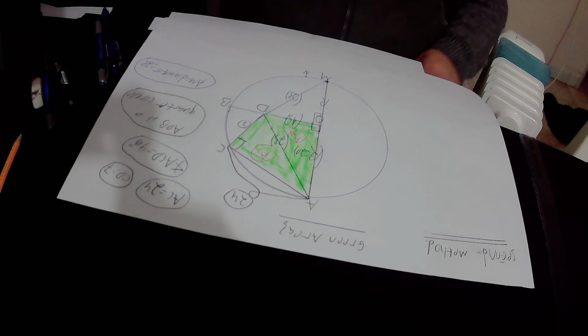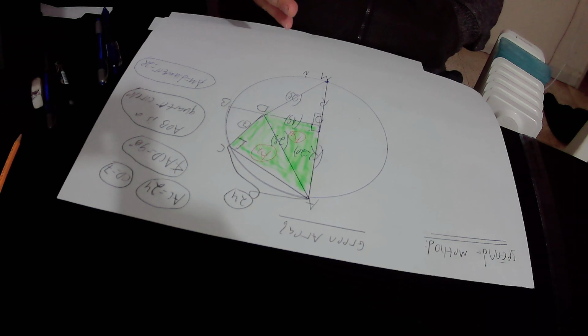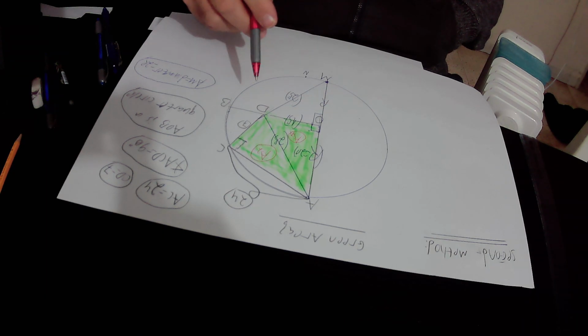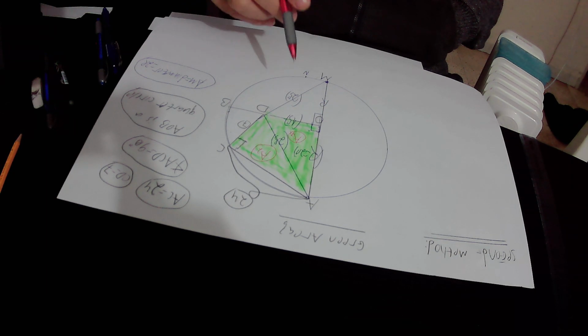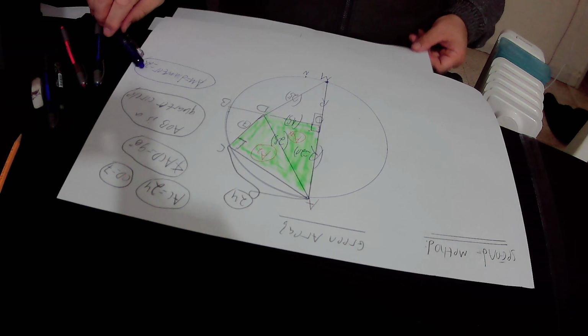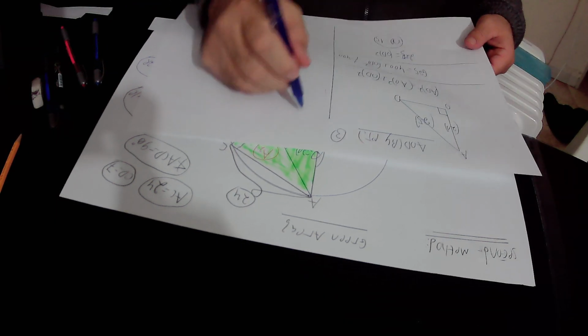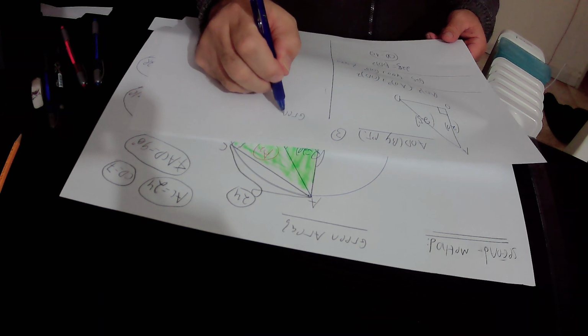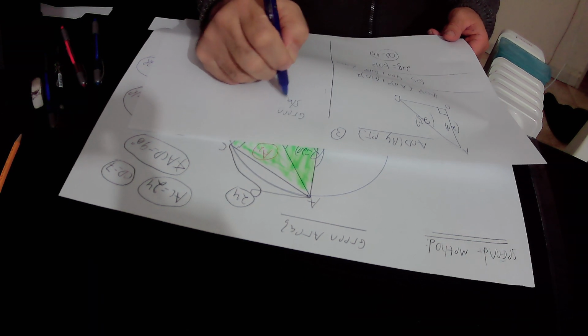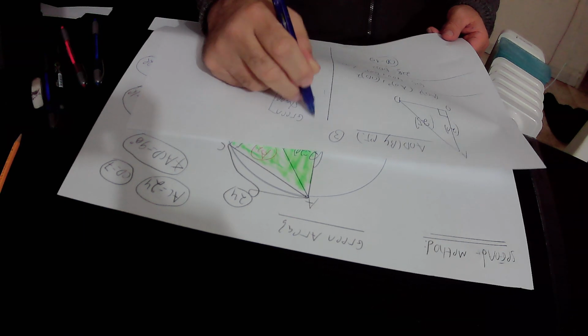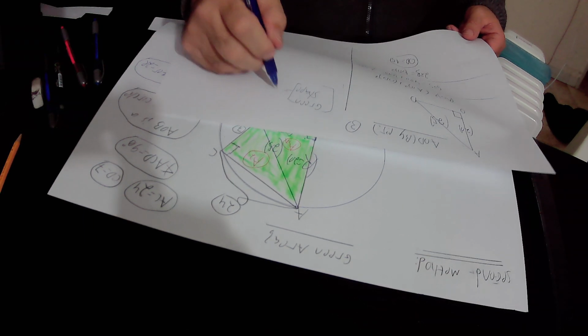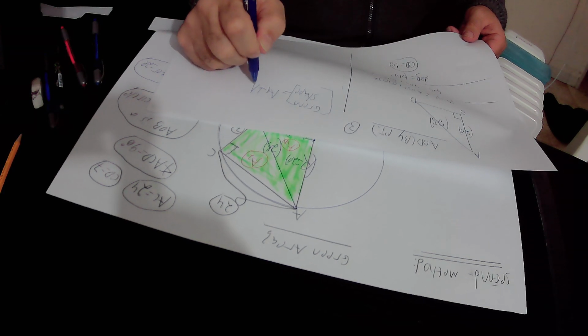It is very clear that in total the area of the green shape will equal the sum of the area of triangle AOD plus the area of triangle ADC. That is to say, it will equal A1 plus A2. So I write it down. The area of the green shape in total will equal A1 plus A2.